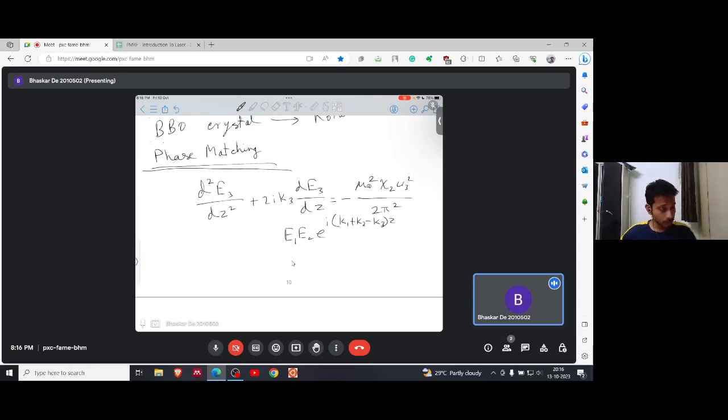In this expression, E1, E2, E3 are wave amplitudes, and k1, k2, k3 are the amplitudes of the propagation vector of the three waves.